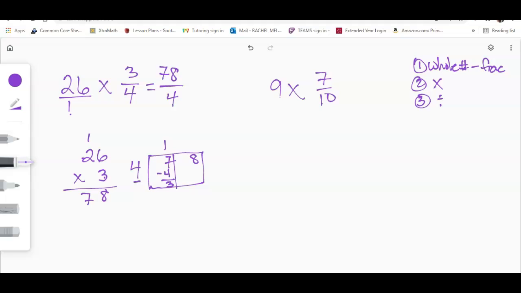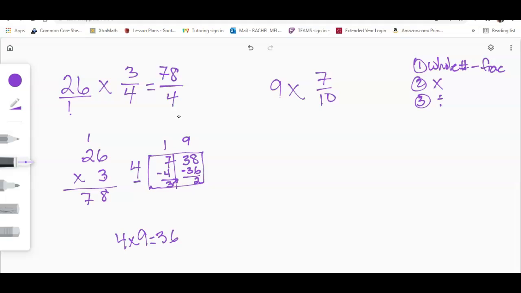I'm left with 3 that I bring over. How many 4s can go into 38? Well, I know that 4 times 9 is 36. And if I did 4 times 10, that would be too much. So this would be 9. Okay, so I am actually left with 2.